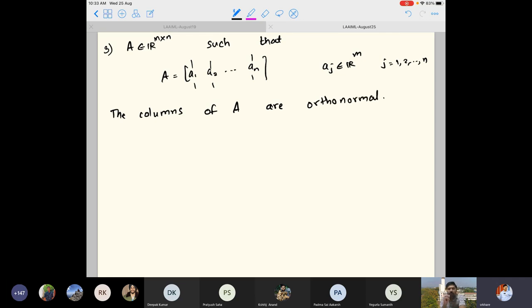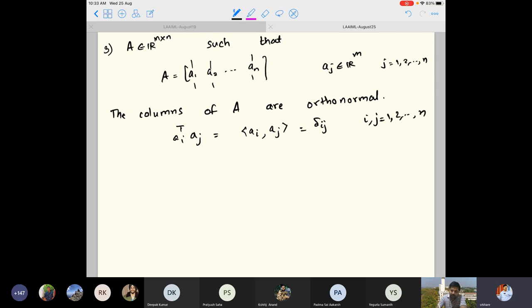Do you understand the meaning of columns of A being orthonormal? You take the inner product of the columns among themselves. So Ai transpose Aj, or you can write this as the inner product of Ai and Aj, whichever notation you want, will be equal to delta ij, for i and j equal to 1 up to n.